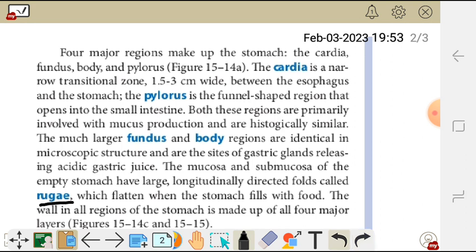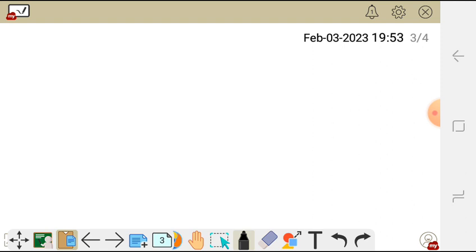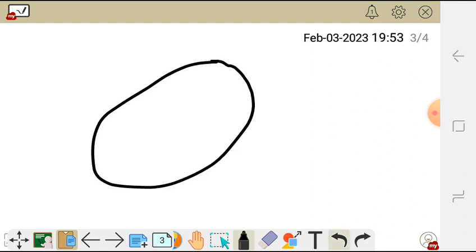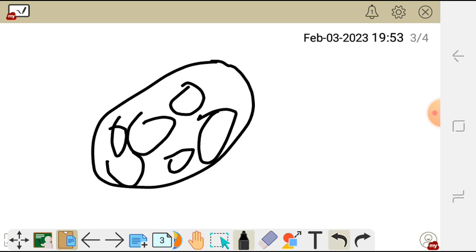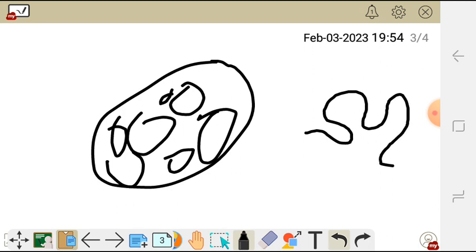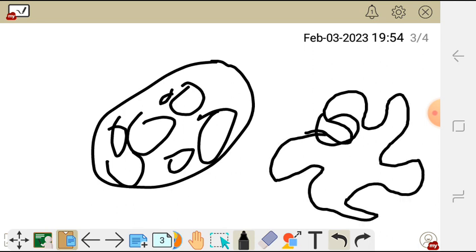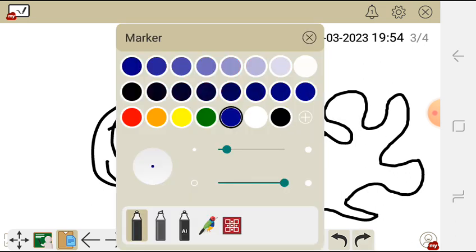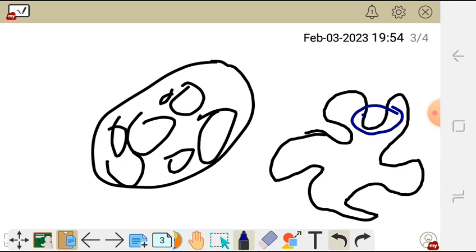Let's say this is the stomach, and this is when it is full, when you have eaten something. But when it is empty, it will start forming folds, something like this. These are the folds I'm talking about. These folds are formed when the stomach is empty.